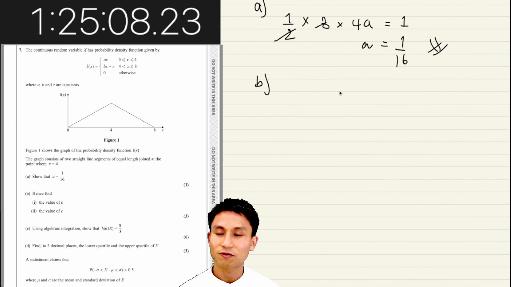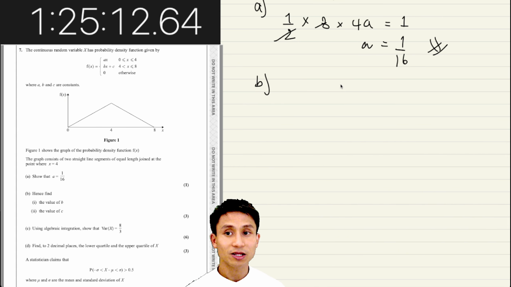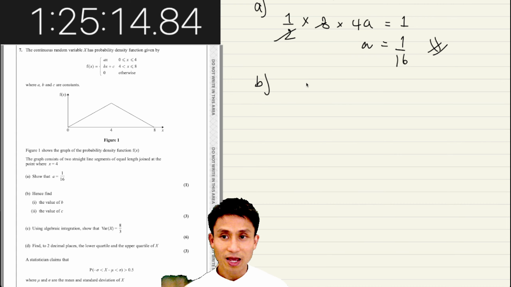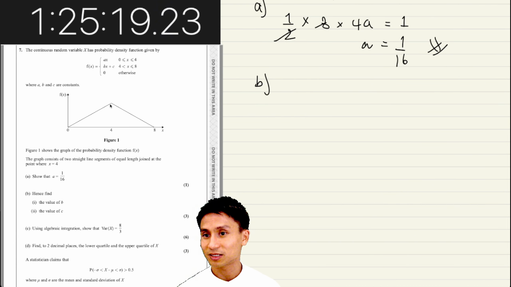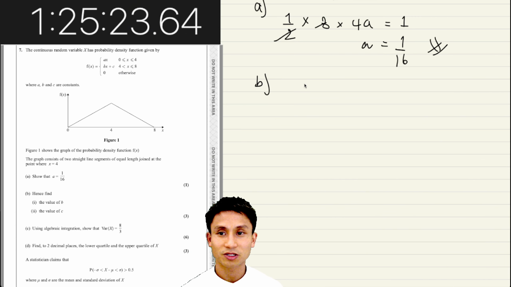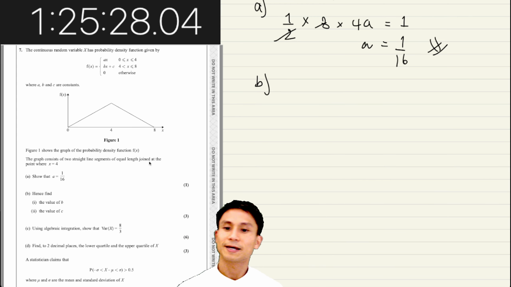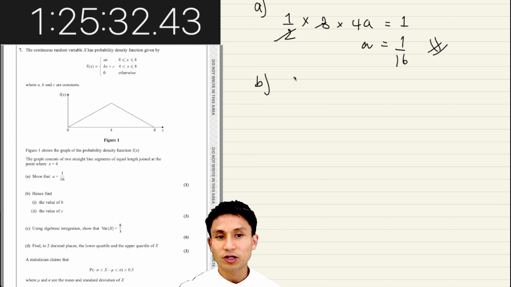All right, so the value of b here, well, we can integrate as well. So the area from the first part is already half, kind of, because this is symmetrical. So that means the area of the other part, if we integrate this, or we can do 4 substitute in the probability density function, you can substitute it in the first part too.